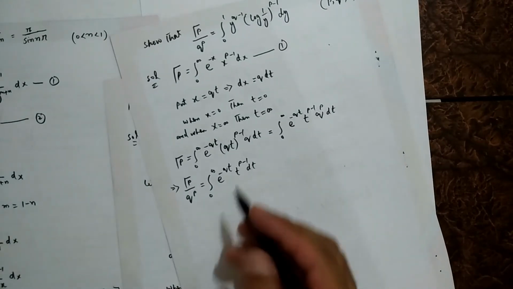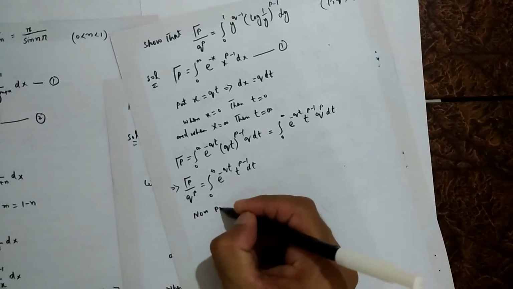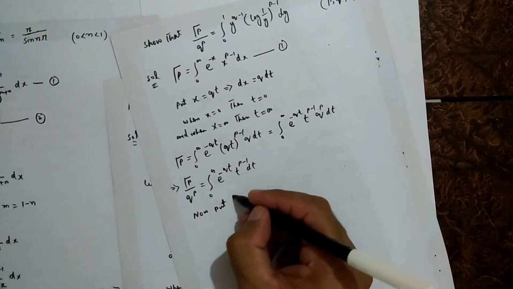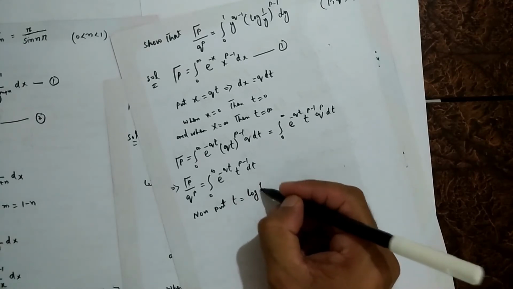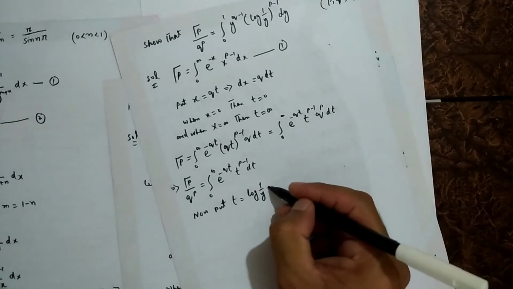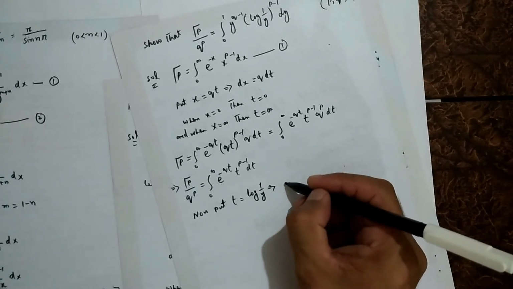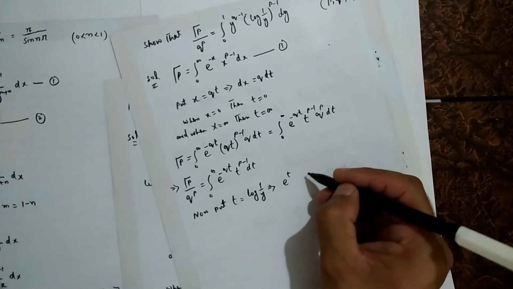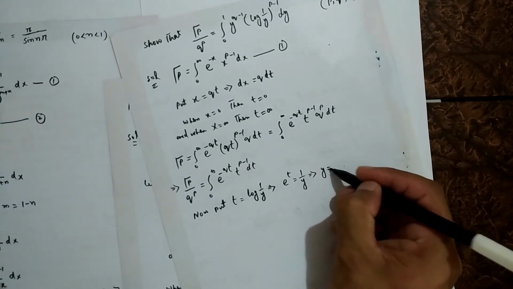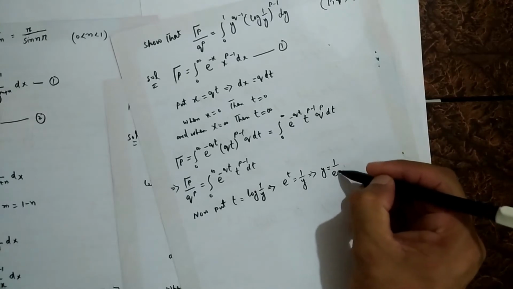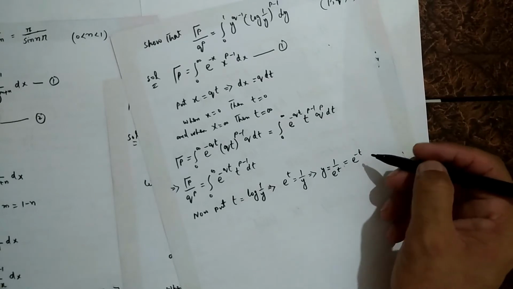Now again let's make some substitution. Put t equal to log of 1 upon y. Taking the exponential, e to the power t will be equal to 1 upon y, or y will be equal to 1 upon e to the power t, or we can write it as e to the power minus t.